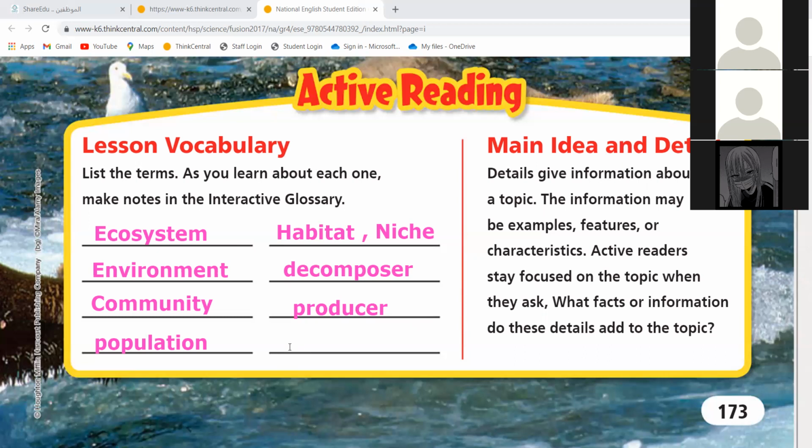They can be omnivore, carnivore, herbivore, but what do we call them? What do we call living things who eat other living things? Miss, a consumer? Excellent. It's called a consumer.